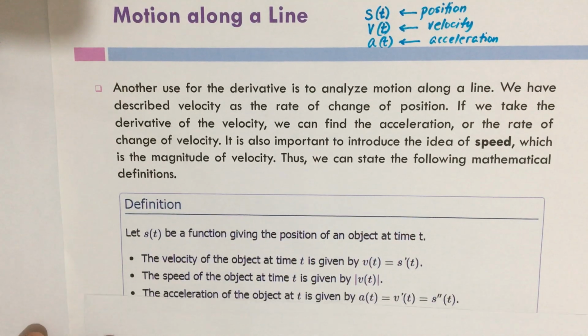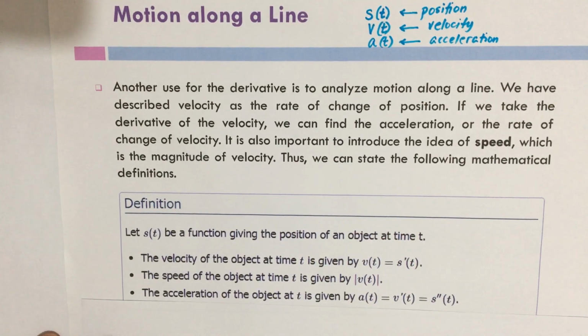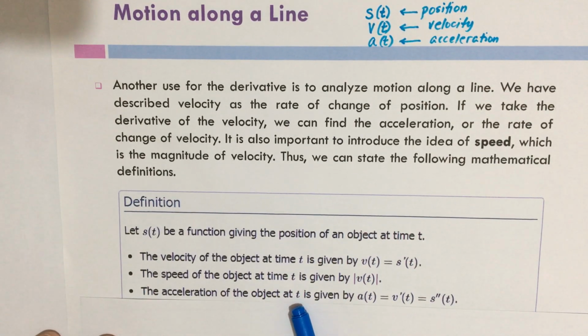Okay? And then the acceleration of the object at time t is given by A of t, which is equal to V prime of t, and this is also equivalent to S double prime of t.